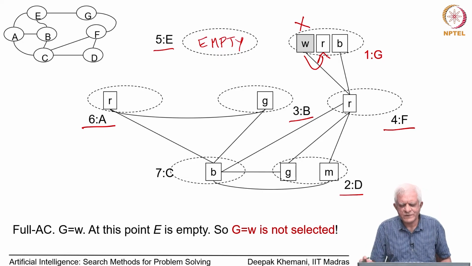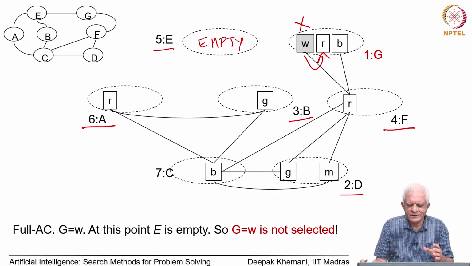So, I hope this gives you a flavor of the fact that look ahead, our consistency will do more work while selecting this value W, and it will backtrack earlier. Forward checking did less work, it only looked at related variables and pruned future domains, but it ended up doing more search. So, this trade off between search and reasoning I hope is clear with this example.